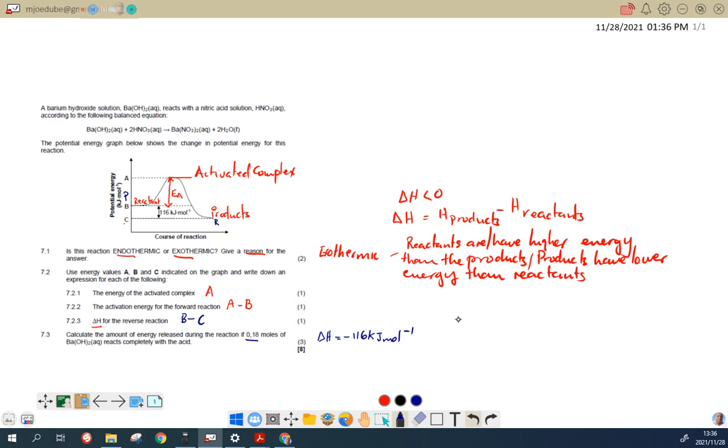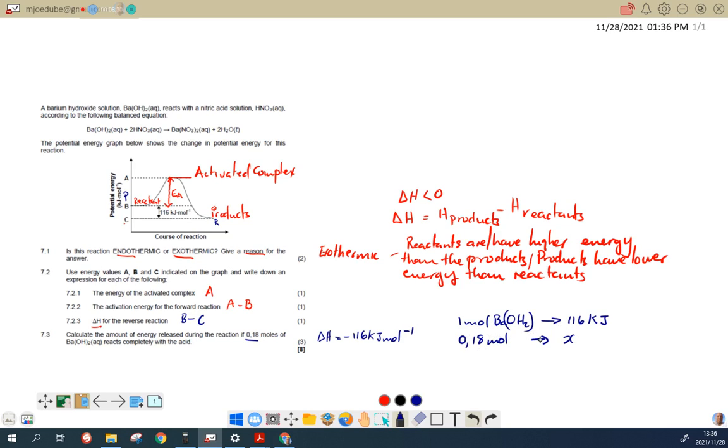We know that 1 mole of barium hydroxide produces 116 kJ per mole, right? That's the 116 kilojoules. But now we don't have 1 mole, we have 0.18 moles. What is it going to produce? We don't know.